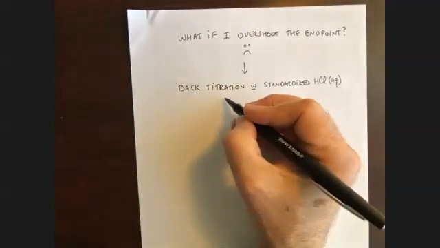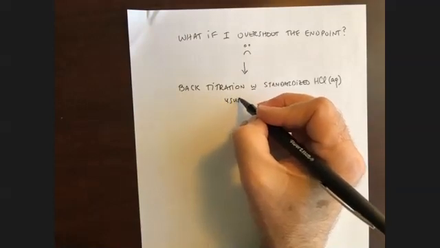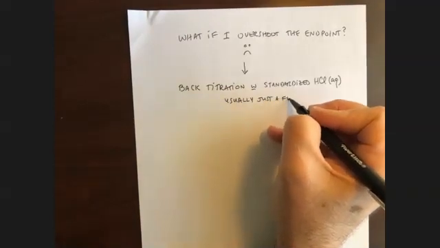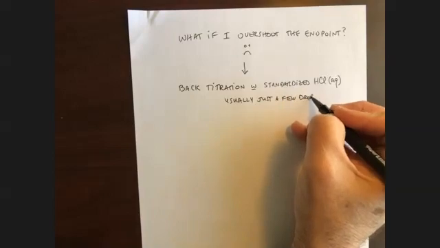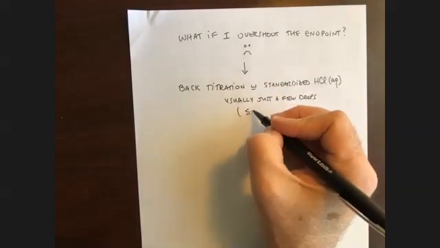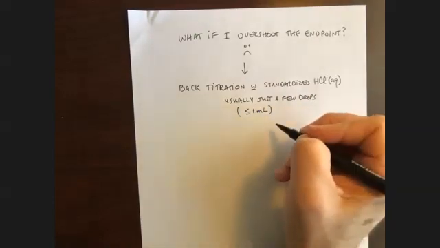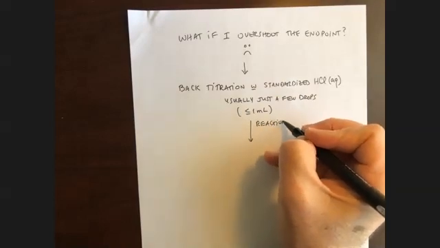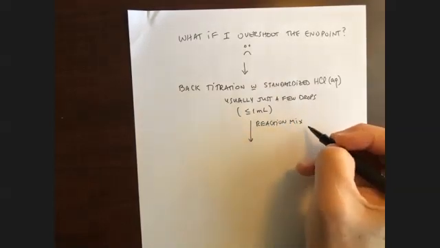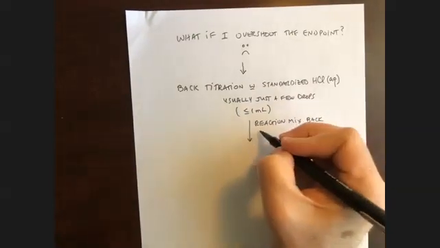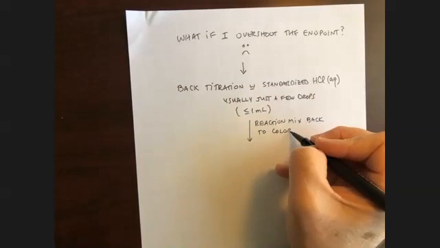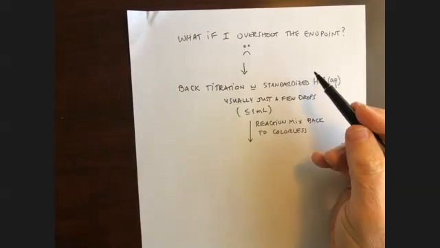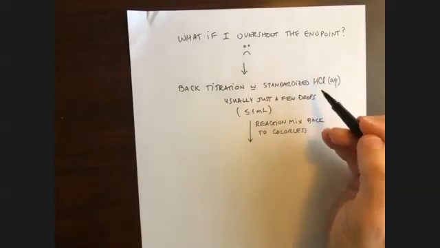So usually it takes just a few drops, just a few drops. In other words, you're probably not going to need more than 1 milliliter of the standardized HCl. And what will happen is that now your reaction mix is going to be coming back to a colorless state because you neutralized the excess KOH, and you can calculate exactly how much of that there was.